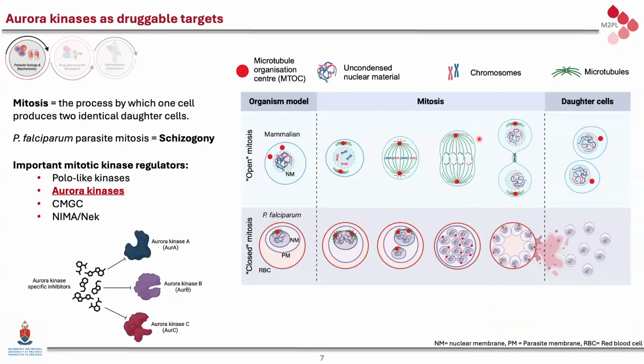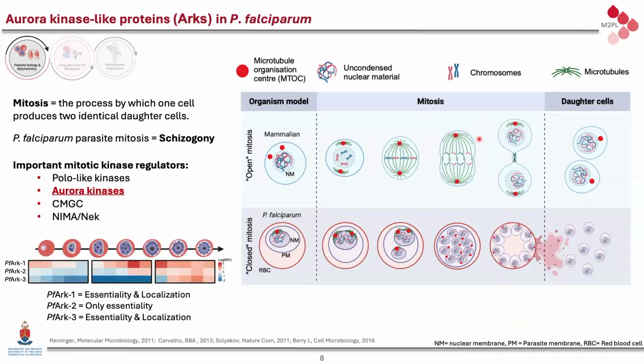It's for this reason that they have been considered and explored as potential anti-cancer targets. Through the years, many Aurora kinase-specific anti-cancer compounds have been generated, some of them even reaching phase 2 clinical trials.